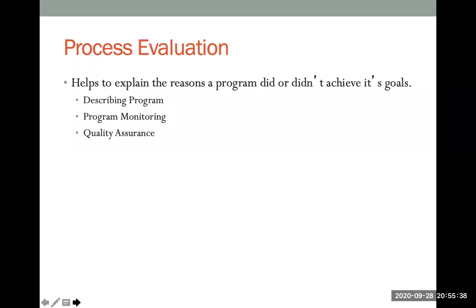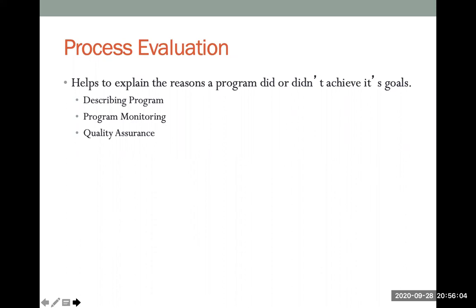So holding that part of what we're doing in process evaluation is we're aiming to identify the reasons that a program did or didn't actually achieve its goals. What I want to say about program monitoring at this point is that it's not necessarily a one-time event. This is an ongoing process that should be routine in nature.